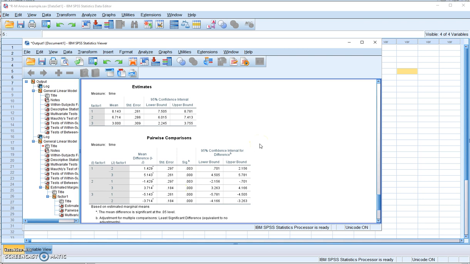Based on the pairwise comparisons, we conclude that the average anxiety level has significant differences between each of the 3 pairs.